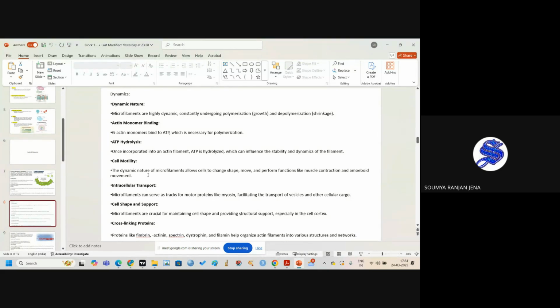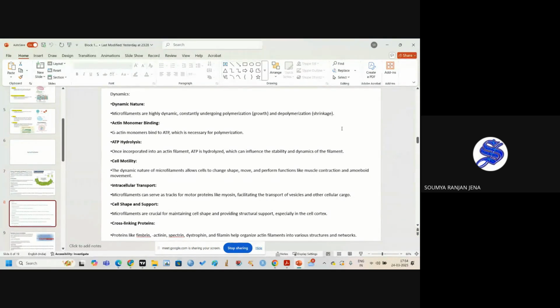Due to this dynamic nature of microfilaments, the cell can change shape, because of this shrinkage, polymerization and depolymerization process, the cell changes its shape and moves and performs functions like muscle contraction, because during muscle contraction polymerization and depolymerization occurs.